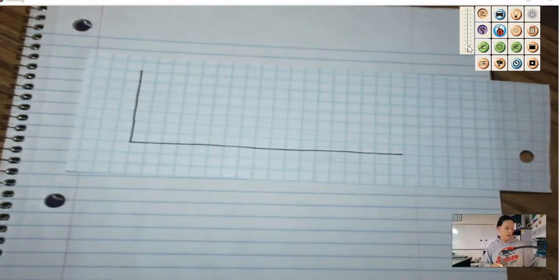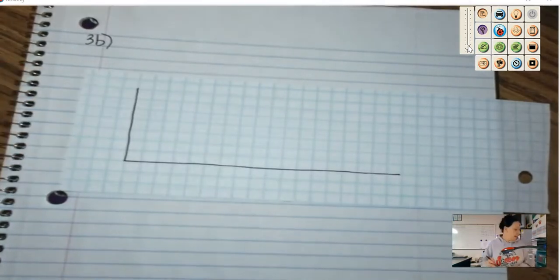Okay, this word problem, this is 3B. It says the graph shows the relationship between the temperature expressed in degrees Fahrenheit and the temperature expressed in degrees Celsius.